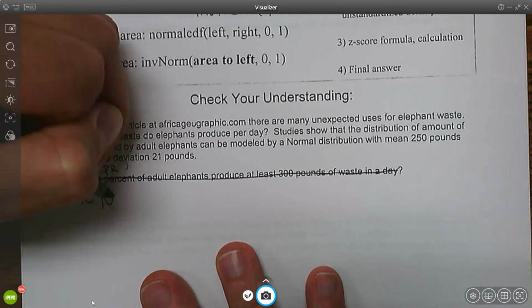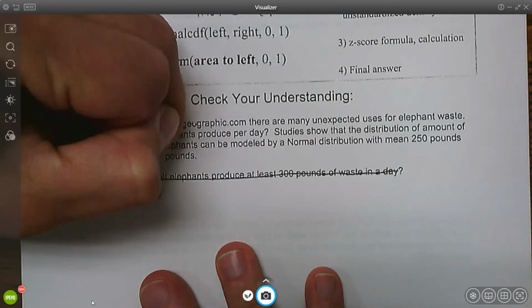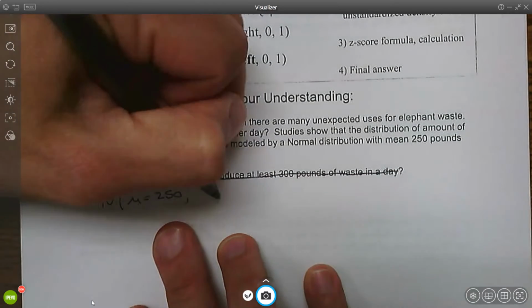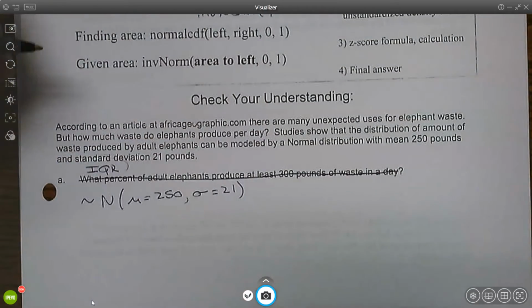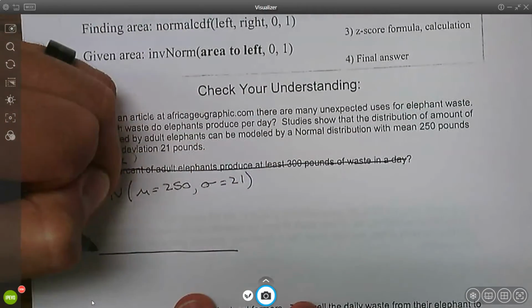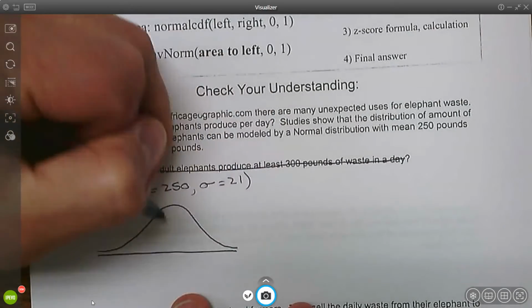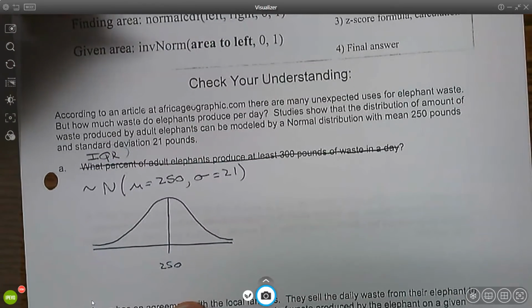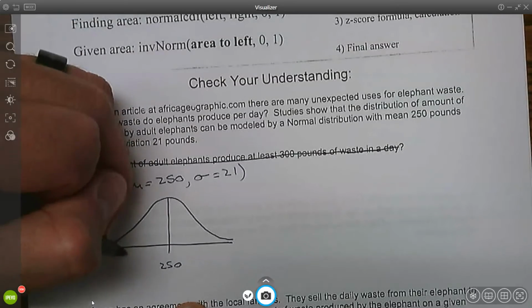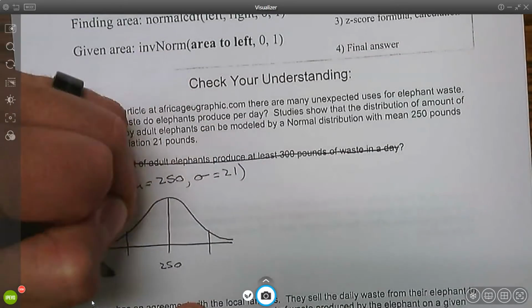So here, the distribution is approximately normal. The mean mu is 250 pounds. The standard deviation sigma is 21 pounds. I'm going to draw, label, and shade the distribution. So I have 250. The IQR I know is Q1 and Q3.